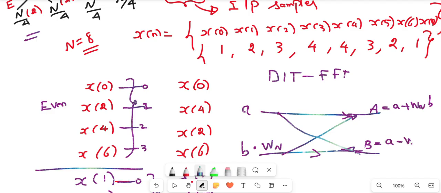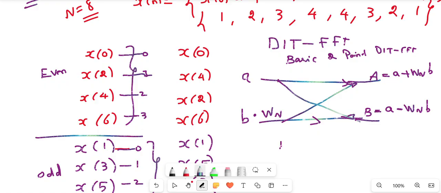So this is a basic 2-point computation, the decimation in time FFT butterfly. Since it looks like a butterfly, this is a butterfly structure.